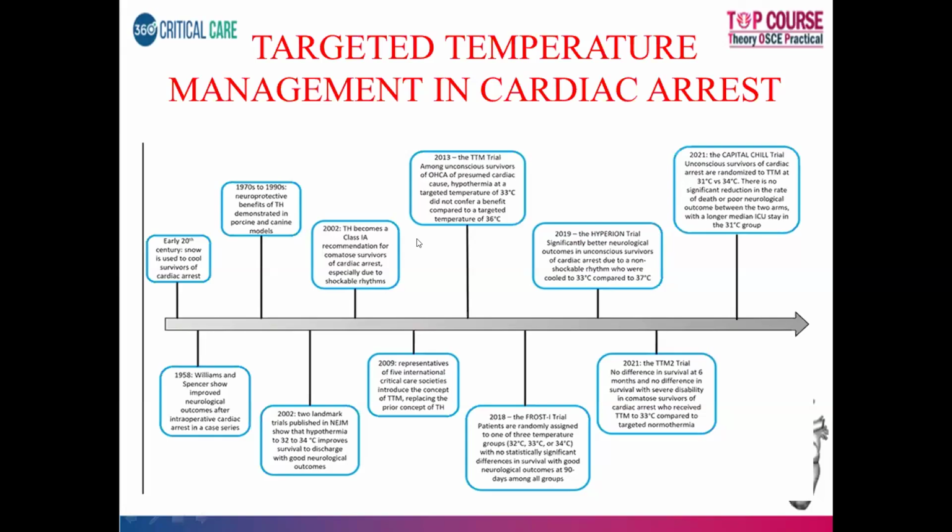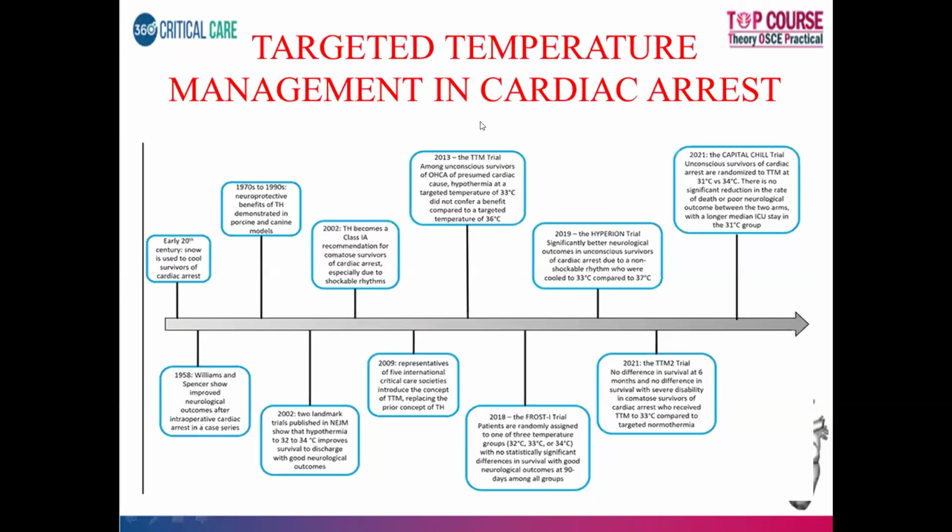Okay, so the therapeutic hypothermia followed at that time was 32 to 34 degrees centigrade. So that is the therapeutic hypothermia that they have followed. Post that, in 2013, there was a trial which had come, that is the TTM trial. Okay, so this trial showed that among unconscious survivors of out of hospital cardiac arrest, targeted temperature management of 33 did not confer a benefit compared to a targeted temperature of 36.